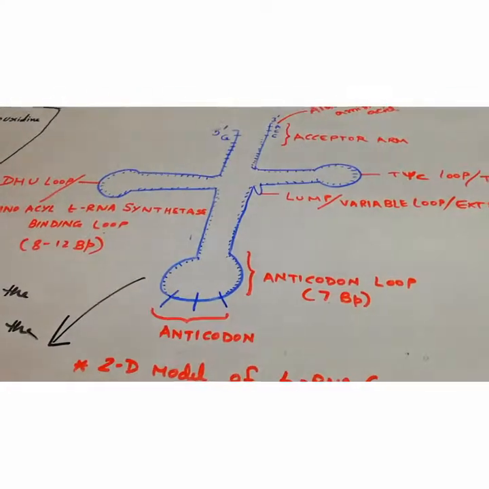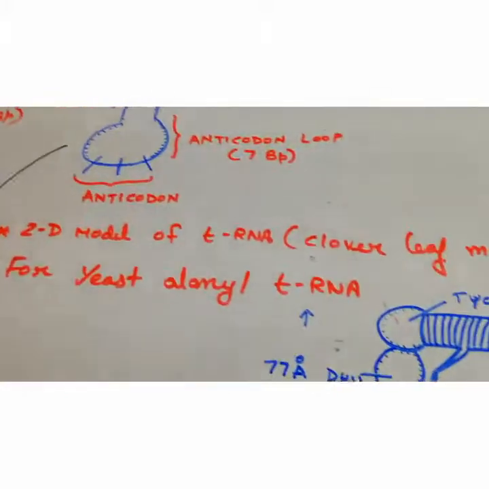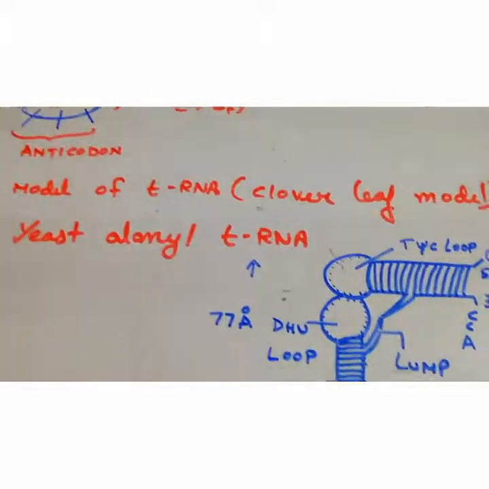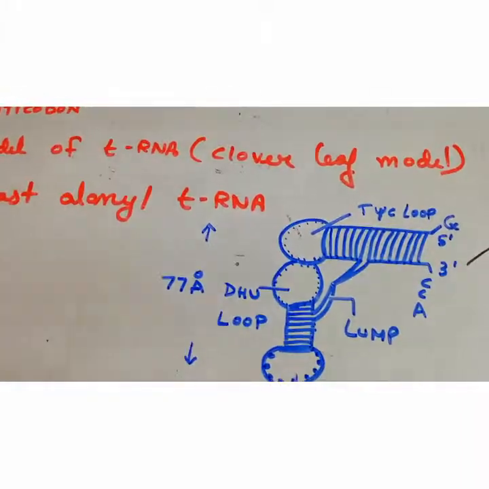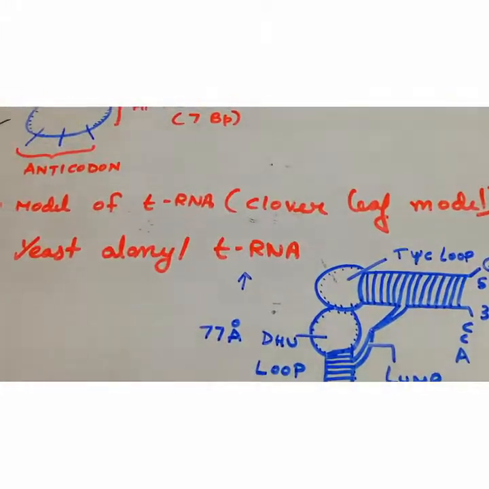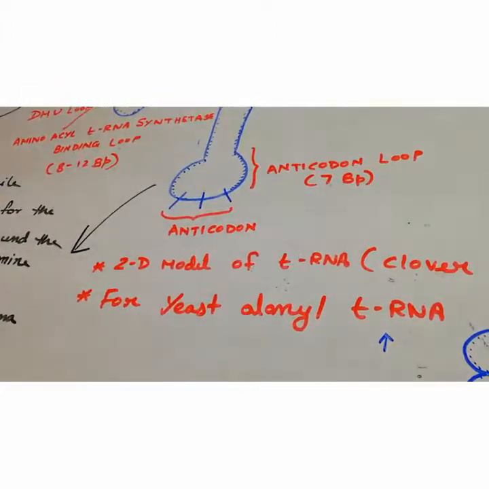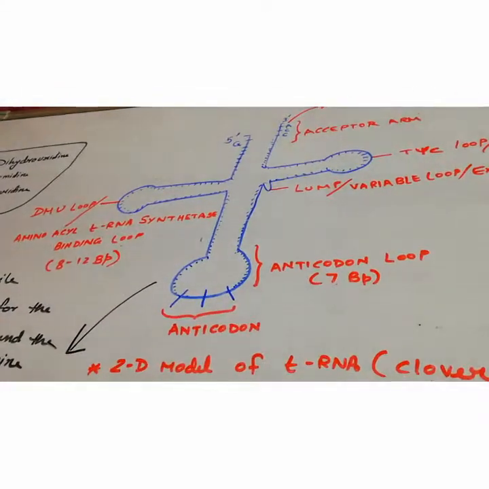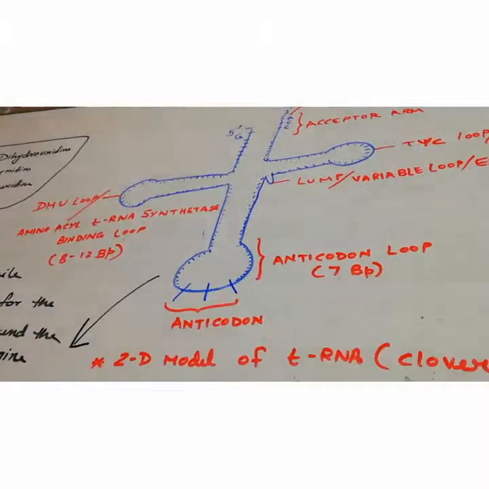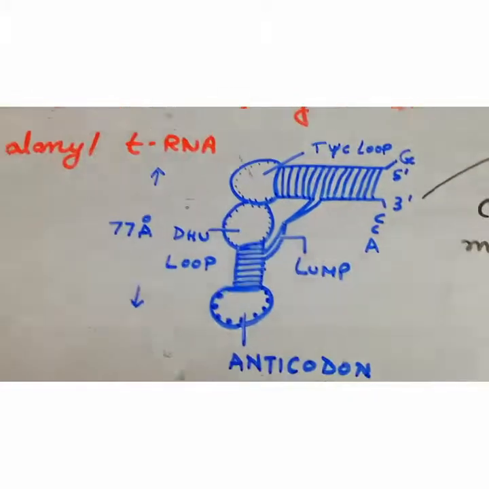So this is the 3D model of tRNA, and this is the 2D model of tRNA. Very often you are asked which scientists contributed to establishing the structure of tRNA. First we study the 2D structure, and after that the 3D model.